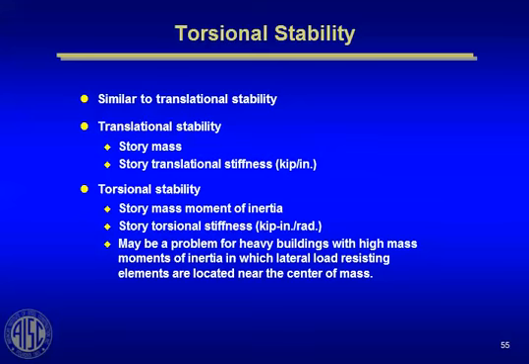When is torsional stability an issue? It's an issue for heavy buildings with a high mass moment of inertia in which the lateral load resisting elements are located near the center of the mass, as opposed to being located far out around the perimeter.